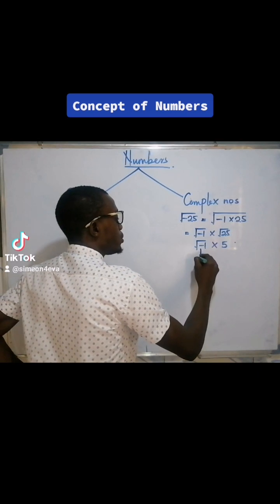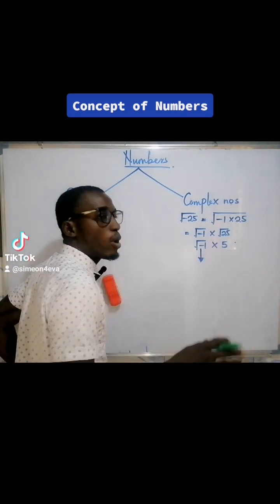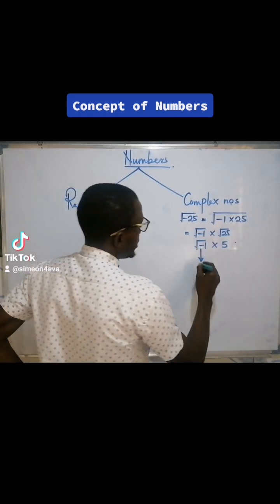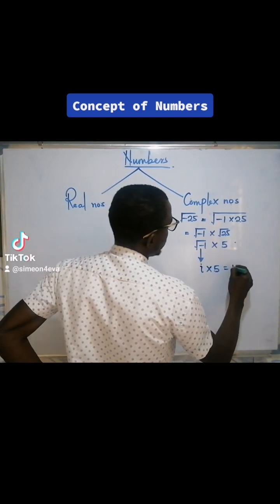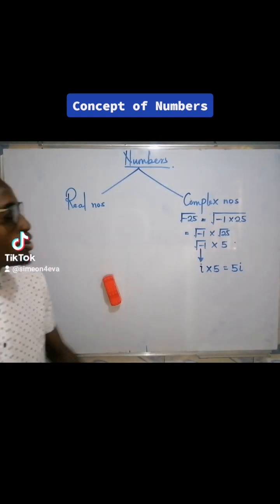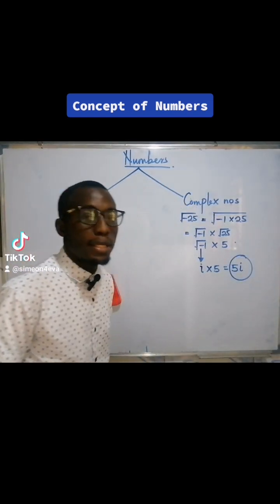Now, this square root of minus 1 is called an imaginary root, and that is why your calculator has been programmed for real numbers only. And this is i times 5. So the square root of minus 25 is 5i.